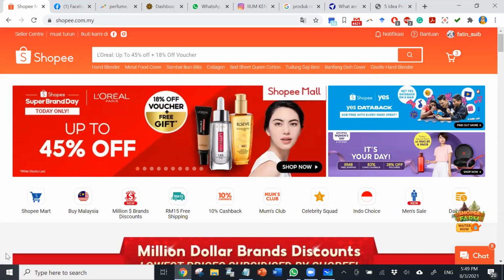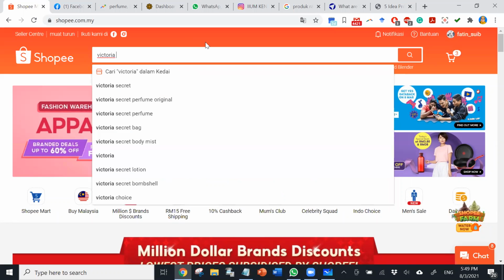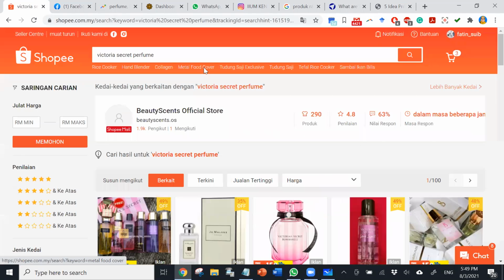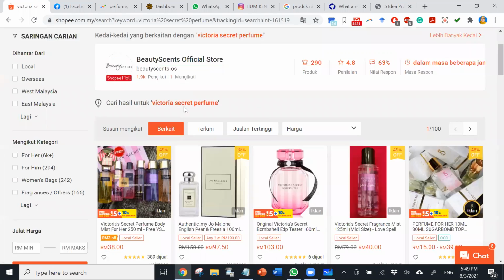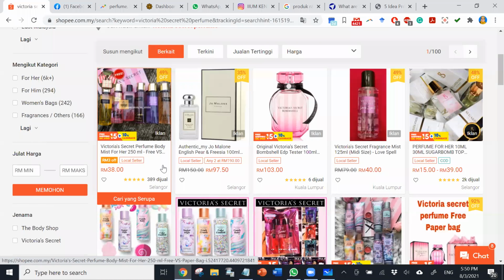So for example, you want to sell Victoria's Secret perfume. You can see here, perfumes have different grades, some grade A, some of them original. You choose whether you want imitation perfume or whatever product you want.